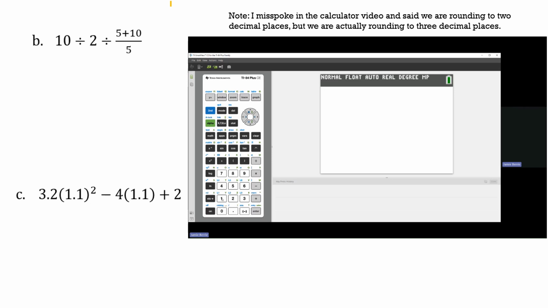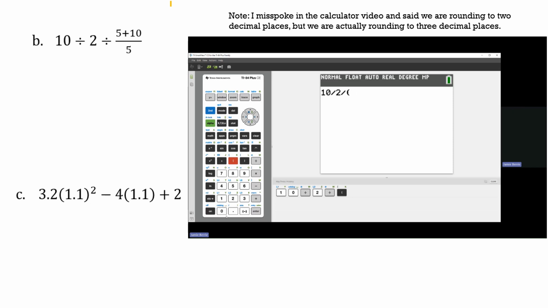All right, so we're going to start by typing in 10. We're going to hit the divided by button, and then 2, and then divided by. Then we've got a fraction. So we need to tell the calculator, hey, when you divide by this next piece, do the whole thing all together. So we're going to put a parentheses so that the calculator knows that this next chunk is all together.